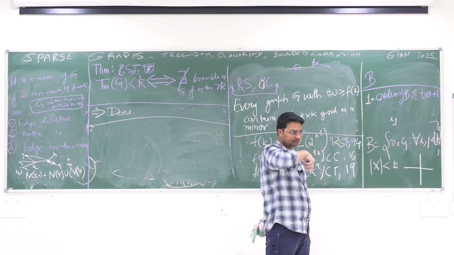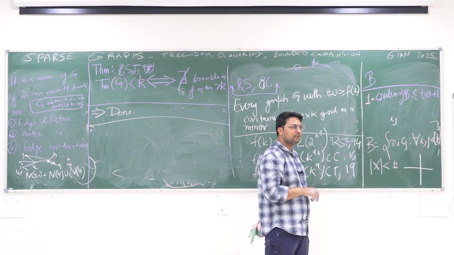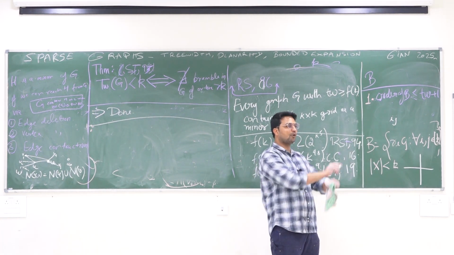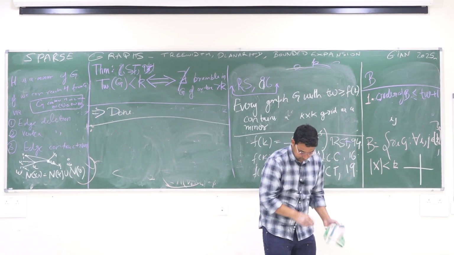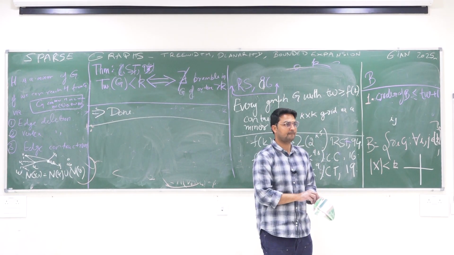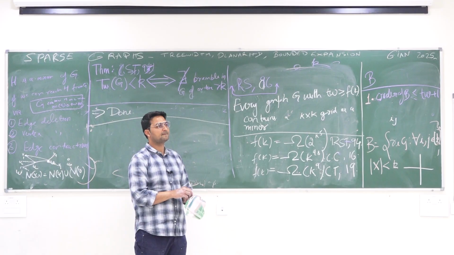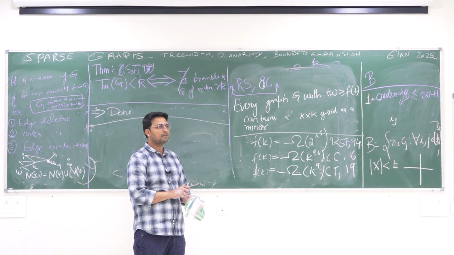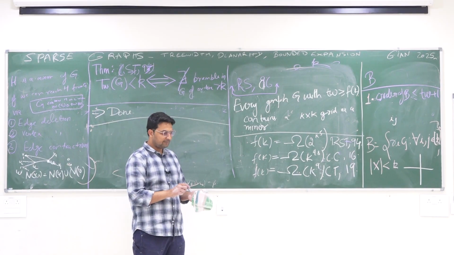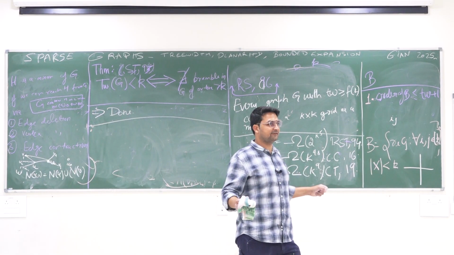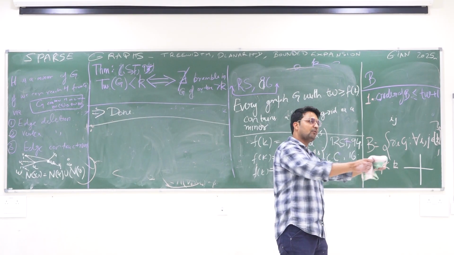So a Bramble of order k means you need at least k vertices to hit every component of this Bramble. So what do you mean by the order k of this Bramble? I am saying that this Bramble requires at least k vertices to hit all the components.